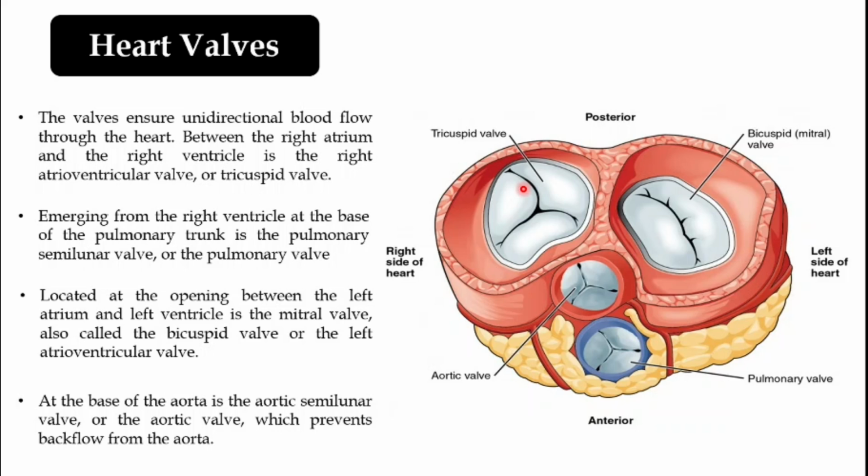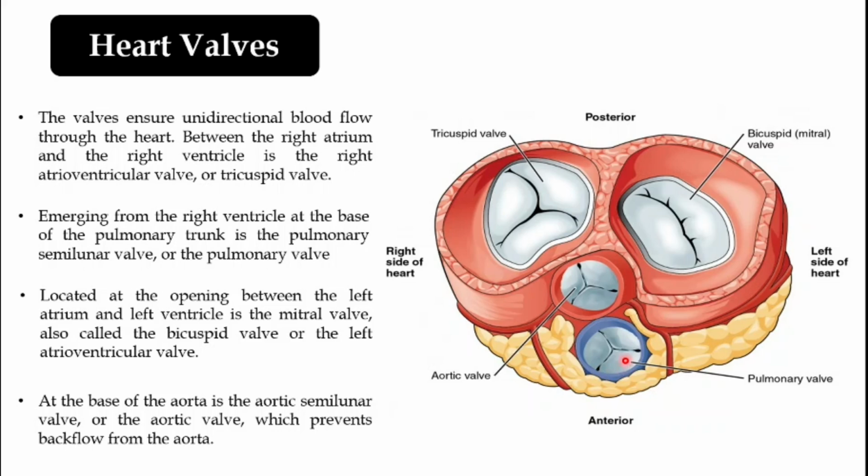So we have four major valves which are present in the heart, and the job of the valve is to prevent the backflow of the blood. So in between the right atria and the right ventricle, we have a valve which is known as the tricuspid valve. So the blood from the right atria goes into the right ventricle by this tricuspid valve, and then the right ventricle contracts, and the blood from the right ventricle goes into the pulmonary trunk.